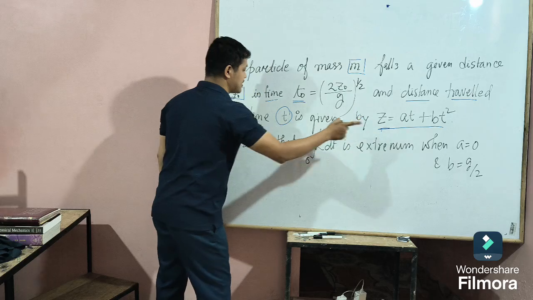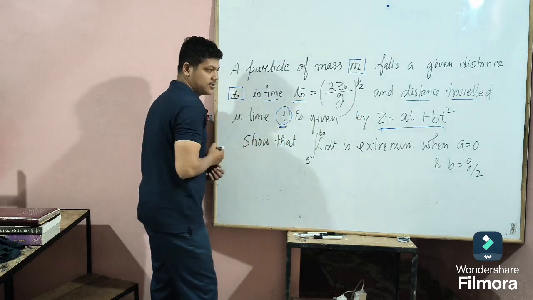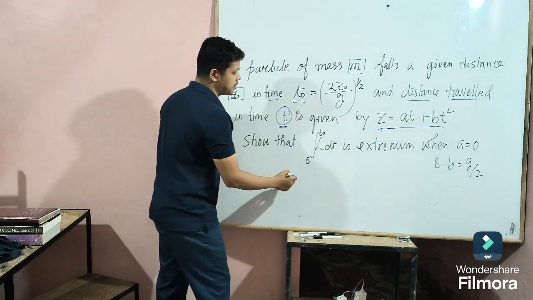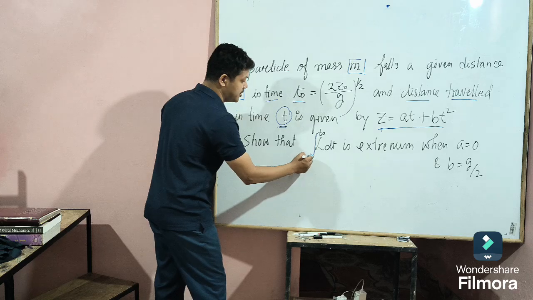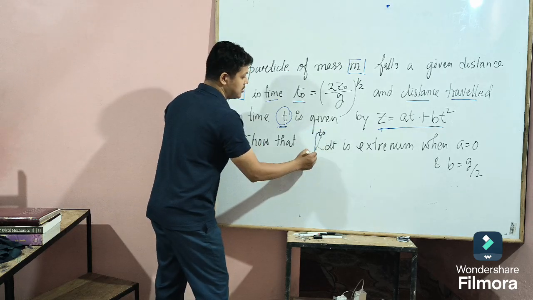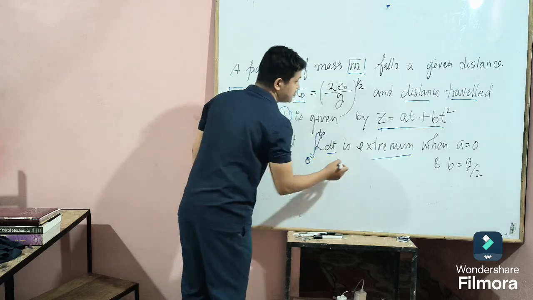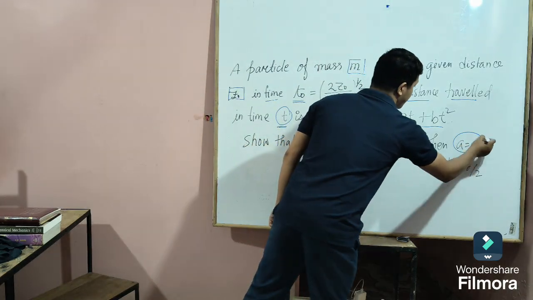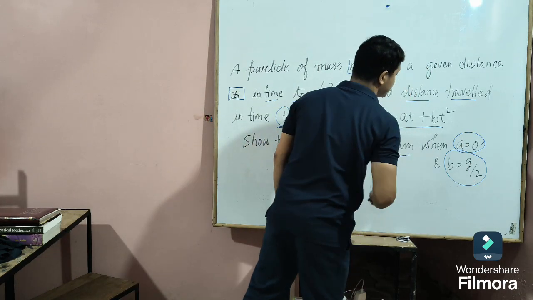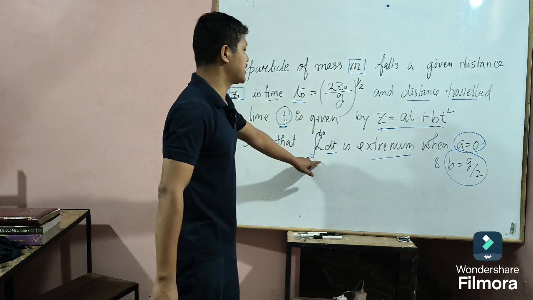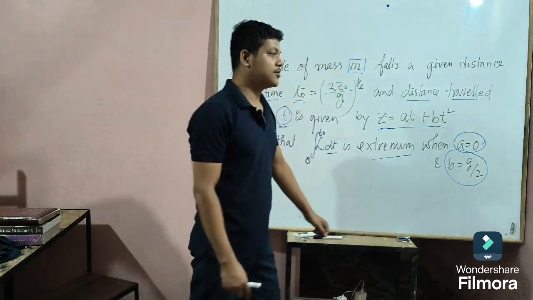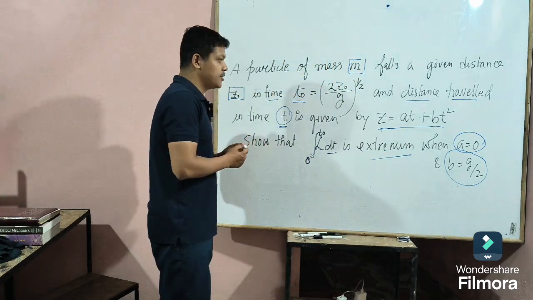This equation gives the distance traveled by the particle in time t, right? And we need to show that this line integral from 0 to t naught of this Lagrangian L dt is extremum for these two values of a and b, where a and b are constants. So that's what we need to show.